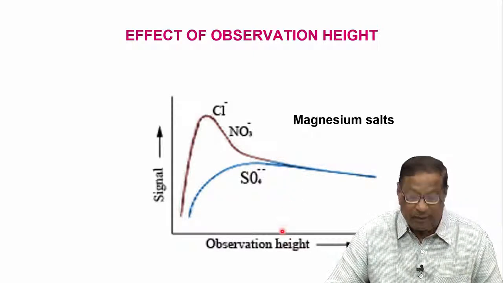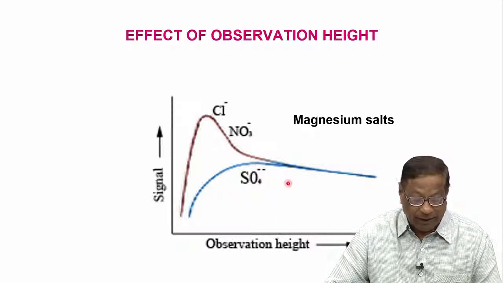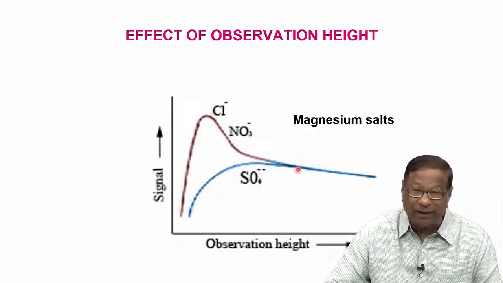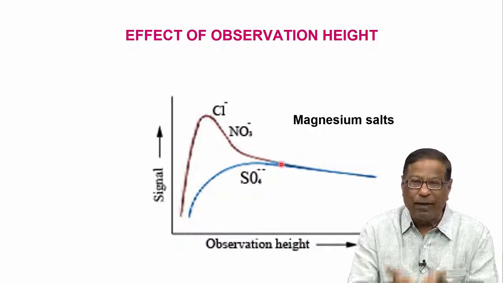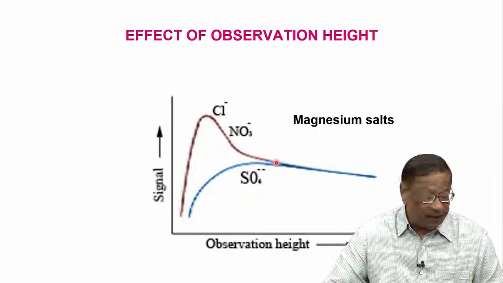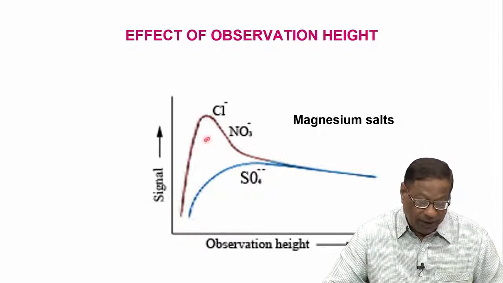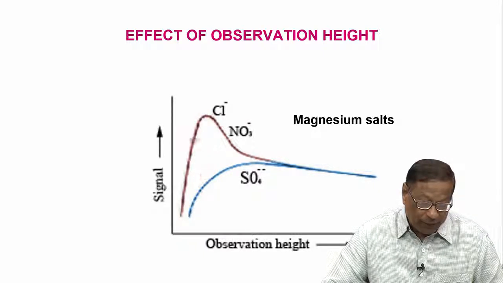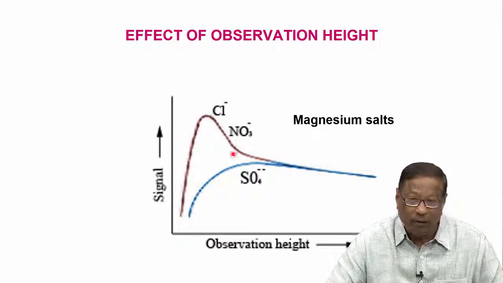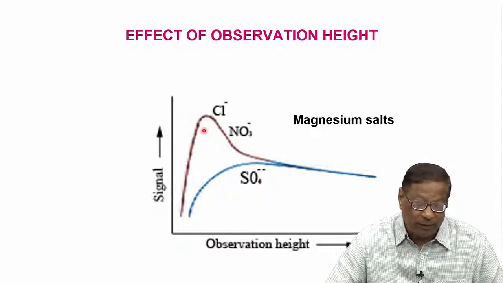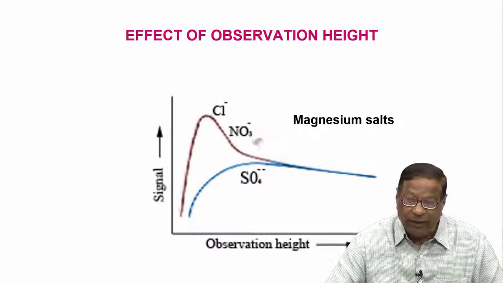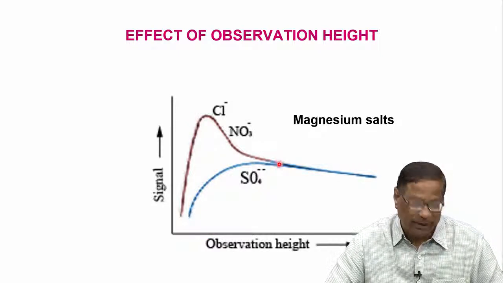So, if you suspect there is sulphate in the sample, then observation height should be increased. That means the flame should be raised further. Okay. So, if it contains chloride or nitrate, the flame should be lowered, so that the maximum absorbance can be obtained for lower concentration. So, this is the effect of observation height.